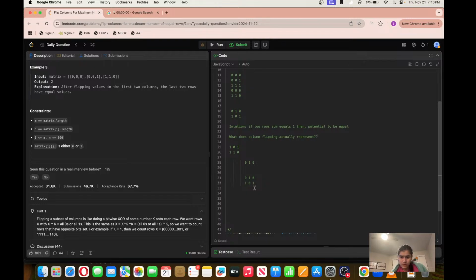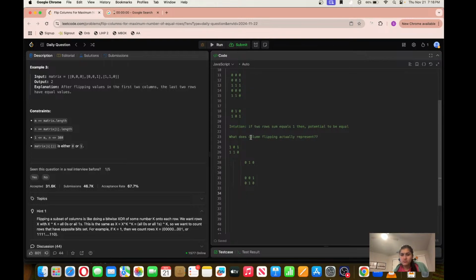Only if we flip 1 0 1 to 0 1 0, then I flip the columns, see, this is equal.